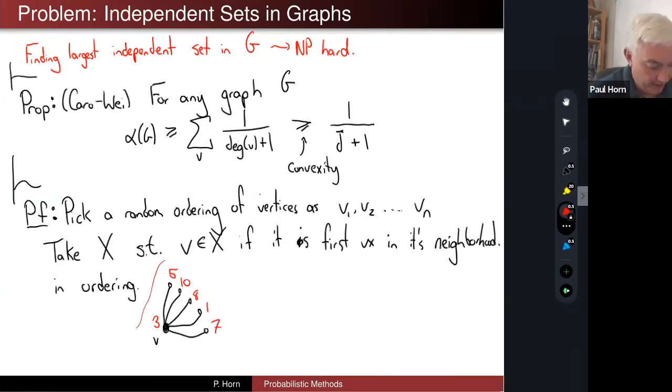It's a big graph, right? This is a small part of a bigger graph. And I look at this and I'm going to take this V to be in X if it's the smallest, if it's the first thing. So for instance, if vertex 1 was one of its neighbors, I would not take this V. But if this was 17 instead, then 3 is smaller than all of its neighbors, and I would take it.